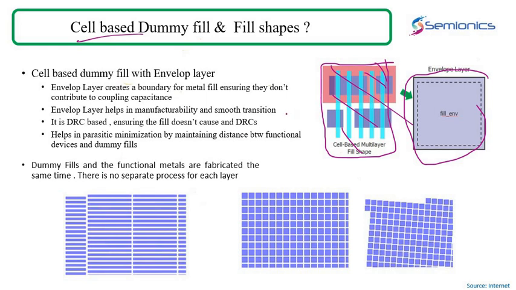This envelope layer helps in manufacturability and smooth transition. We know that even the fill contributes to the capacitance in the design. Fill plays a very important role, and the CMP process is the one which ensures that the fill is smooth and the required percentage of metal is taken care of at every level.